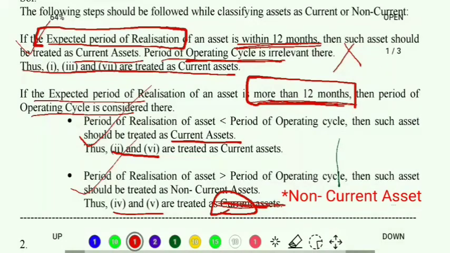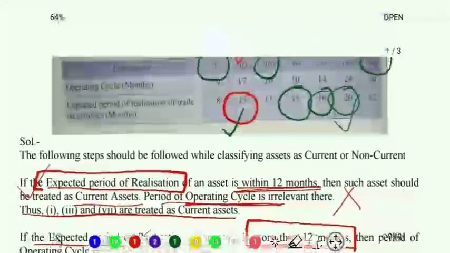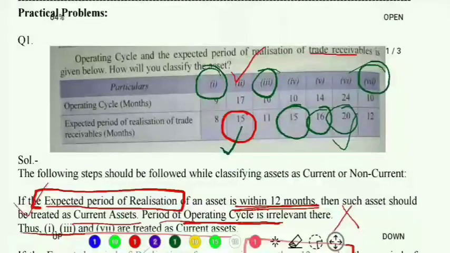Because the period of realization is greater than the period of operating cycle. Let's check in the sum what we have discussed. Asset number 4 and asset number 5 both have period of realization more than the period of operating cycle, so straight away we classified them as non-current assets. Clear?